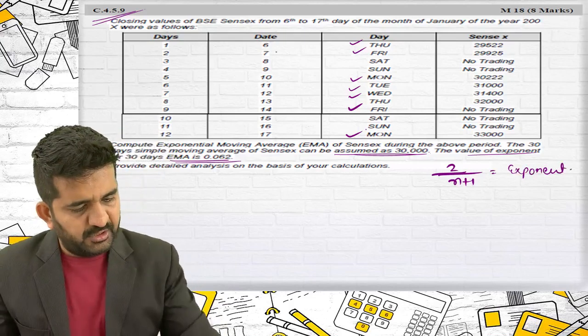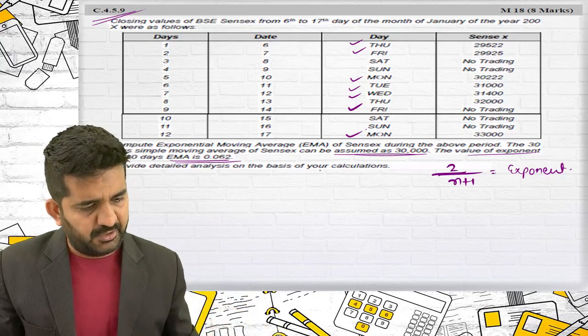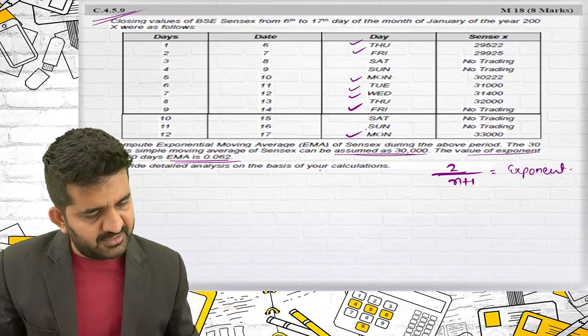Let me write down all the dates. I will be finding out a couple of answers, and then I will just take the rest from the suggested answers. The dates are 6, 7, 10, 11, 12, 13.